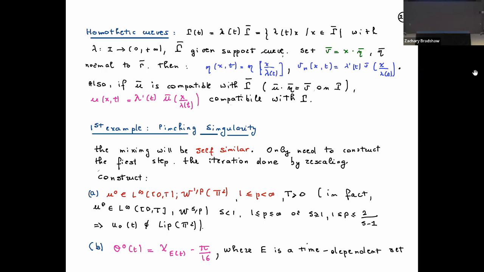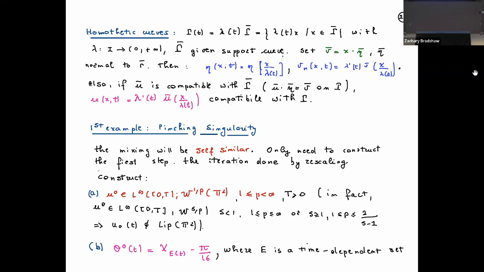What I will do is construct, so I will denote by superscript 0 all the quantities that relate to this initial step, while lowercase will mean initial time. So we construct a U superscript 0, which is a vector field in L infinity in time with values in W^{1,p}, for any p except infinity, so this is not the Lipschitz case.